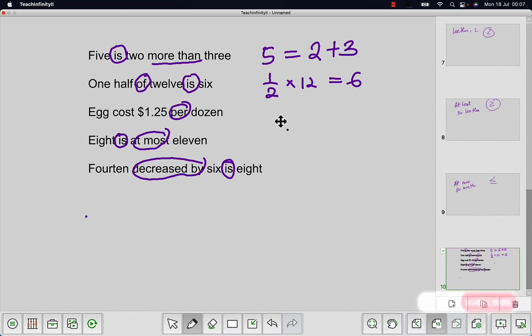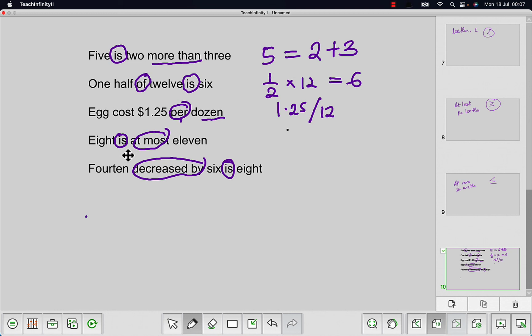Per, I forgot to mention per. Per means division. So $1.25 per dozen. A dozen is 12, so 1.25 divided by 12. So per is division.